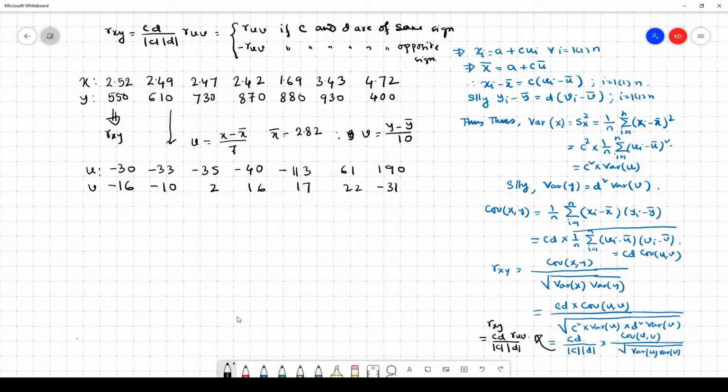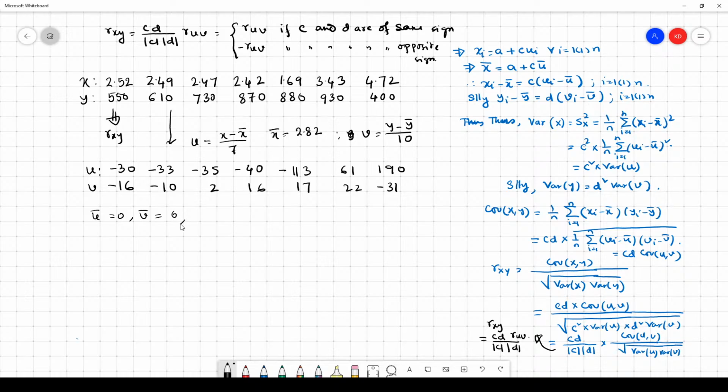Now, you can easily compute the correlation coefficient between u and v. First, you see that the sum of these observations is 0, so u bar should be 0. V bar, again the sum of these observations is 0, so v bar is also 0.